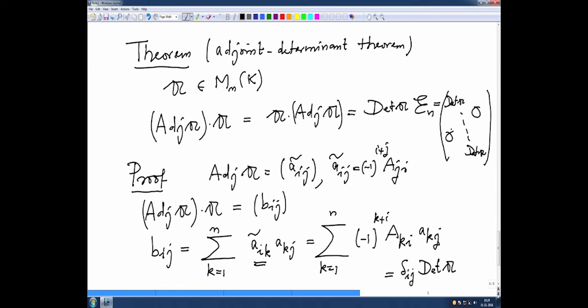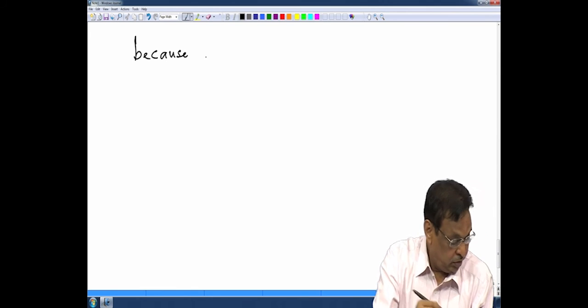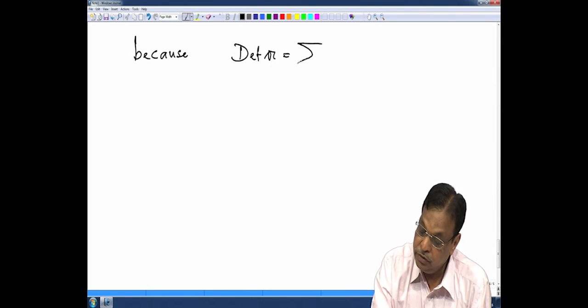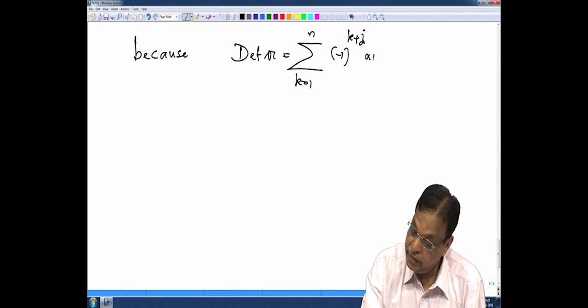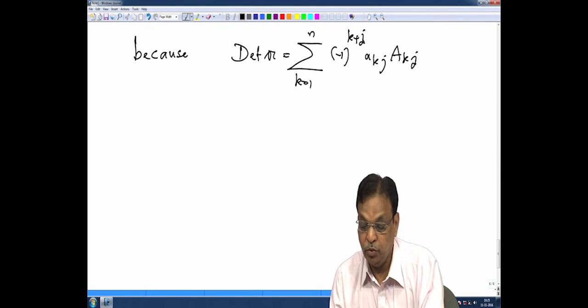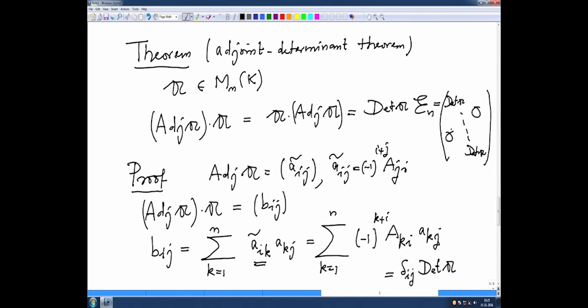Let me write the reason. We have proved in the expansion theorem above that determinant of A is summation k equal to 1 to n of minus 1 power k plus j, A kj, capital A kj. So when i equal to j, it is precisely this equality which we proved in the expansion theorem, which gives the determinant, and for i not equal to j it is 0.